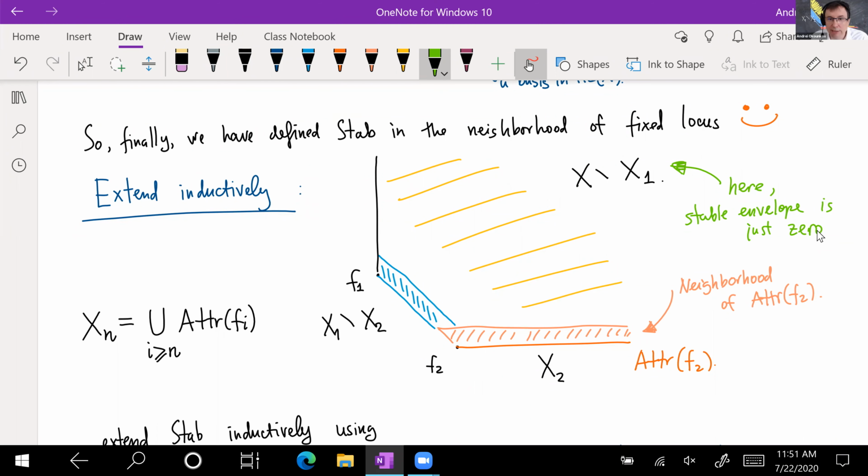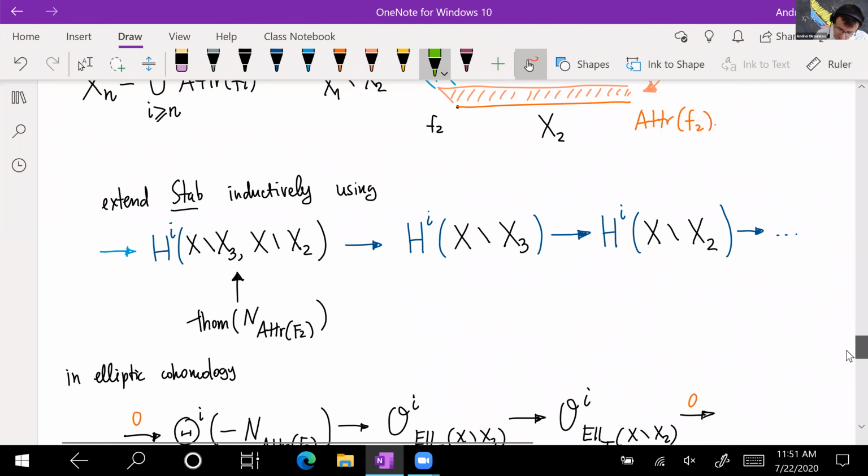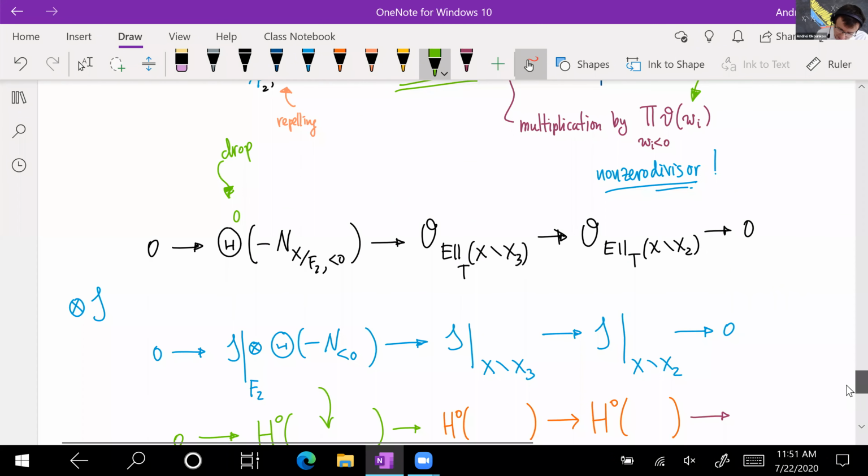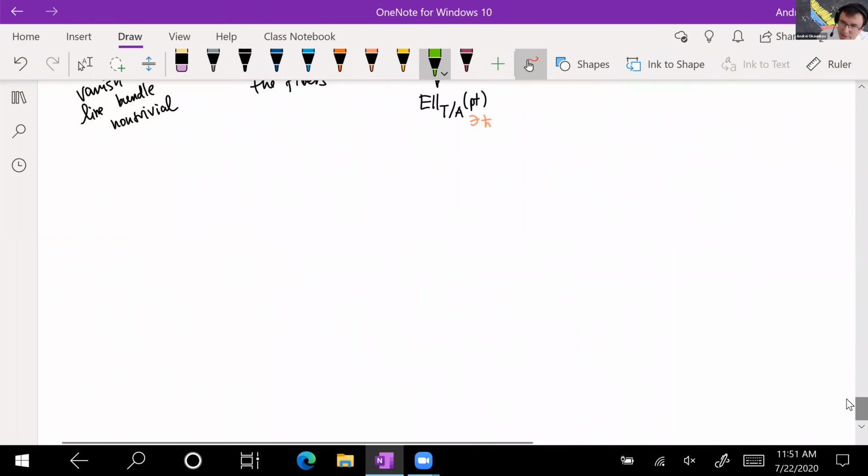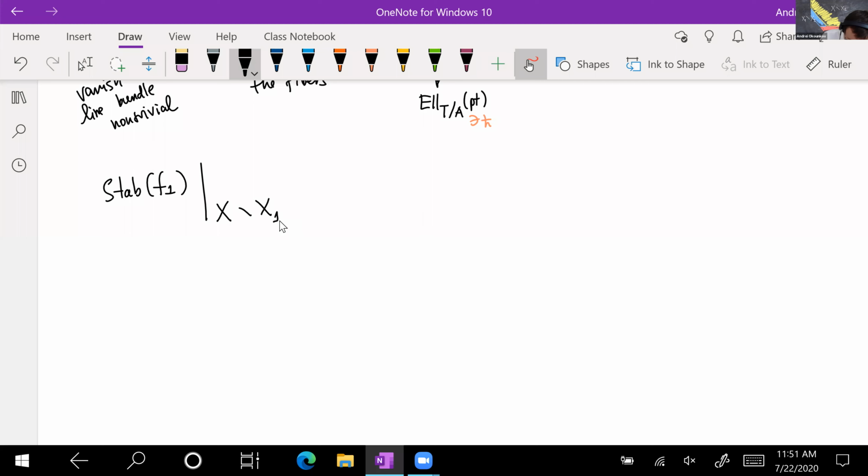It's just 0, so there's nothing to define, and then I inductively extend it to larger and larger steps. So how would that go? We want to step, say, F1. If we restrict it to X minus X1, this is 0. We constructed it there. So then the inductive step.